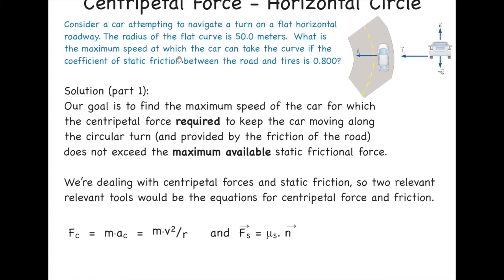Our goal is to find the maximum speed of the car for which the centripetal force required to keep the car moving in that circular turn, which is provided by the friction of the road, does not exceed the maximum available static frictional force.